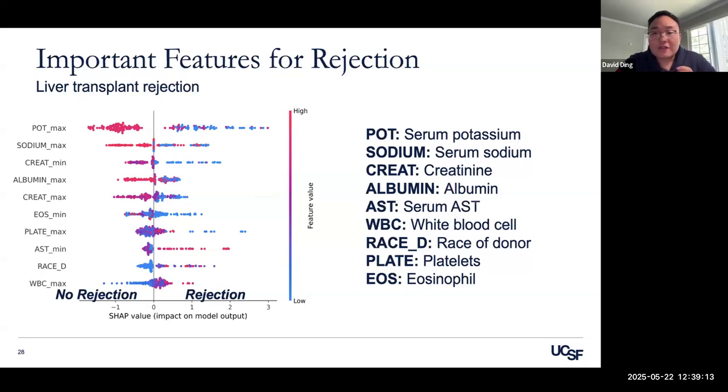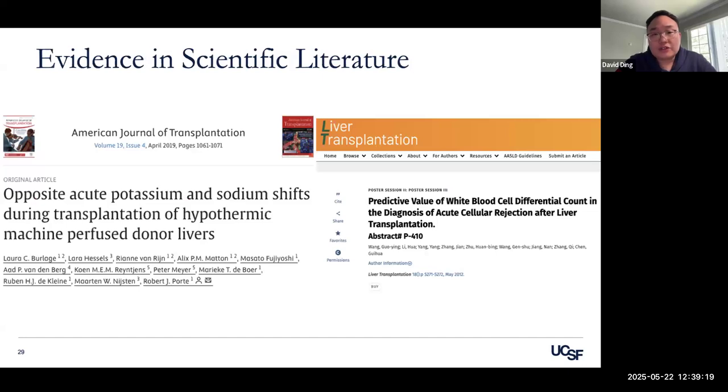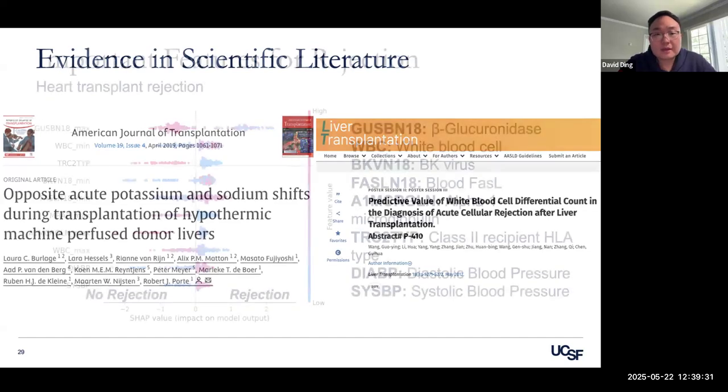We can find some reasons in these slides. And here we also identified evidence of these important features in the previous scientific literature, for example, how potassium and sodium affect liver rejection after transplant.